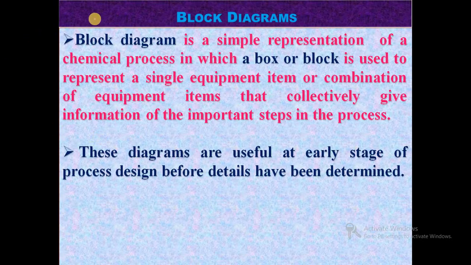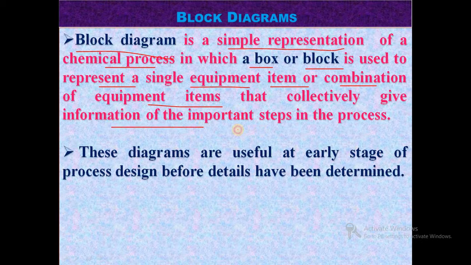A block diagram is a simple representation of a chemical process in which a box or block is used to represent a single piece of equipment or a combination of equipment that collectively gives information on the important steps in the process.